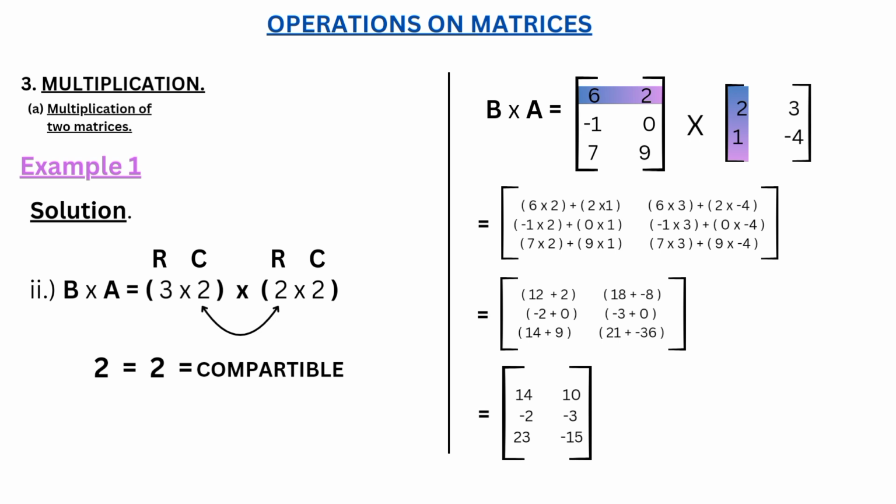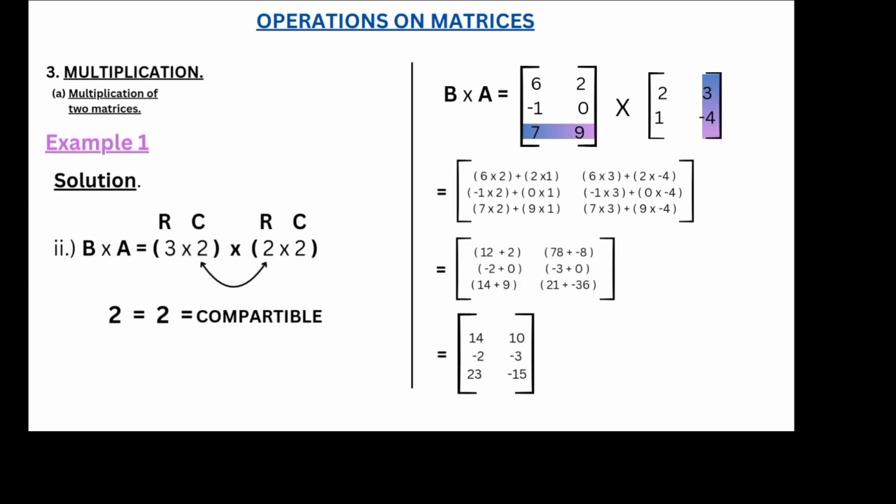So 6 times 2, which is 6 from the first row and 2 from the first column in the second matrix, plus 2 times 1, then 6 times 3 plus 2 times negative 4, then negative 1 times 2 plus 0 times 1, then negative 1 times 3 plus 0 times negative 4, then 7 times 2 plus 9 times 1, then 7 times 3 plus 9 times negative 4.